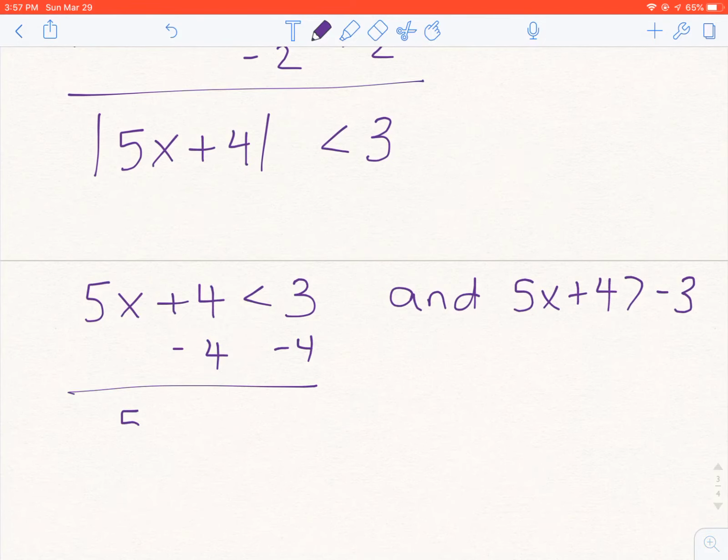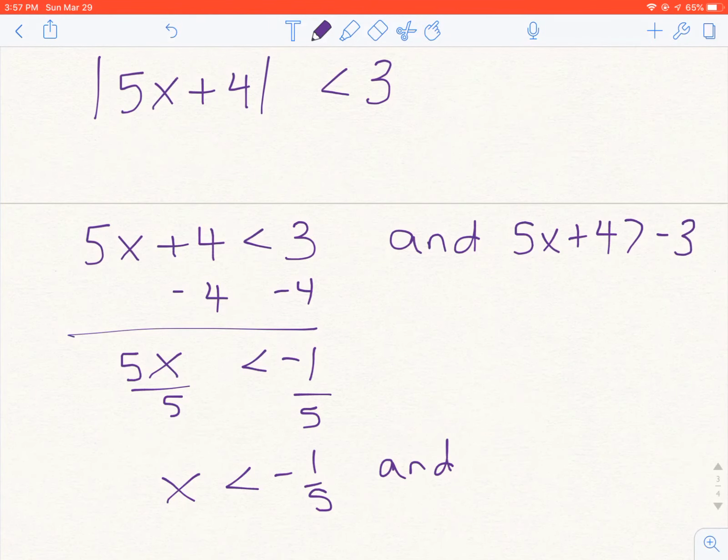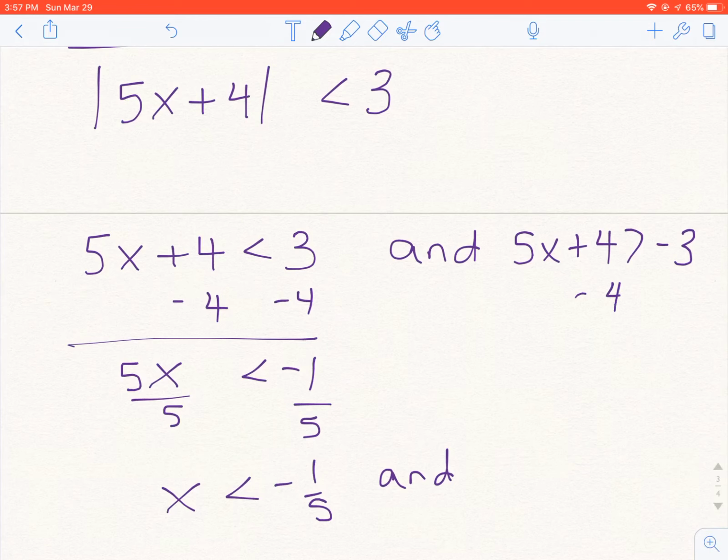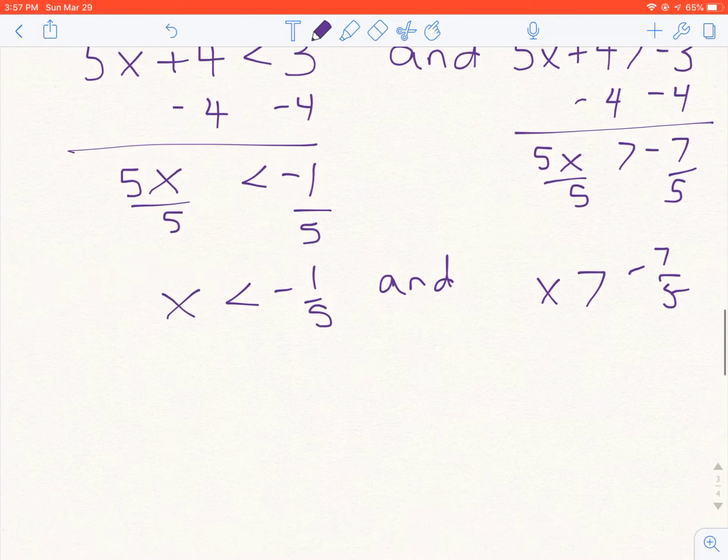I get 5x is less than -1 and divide by 5. X is less than -1/5 and here I subtract 4. I have 5x is greater than -7. Divide by 5. X is greater than -7/5. That's a horrible 5.